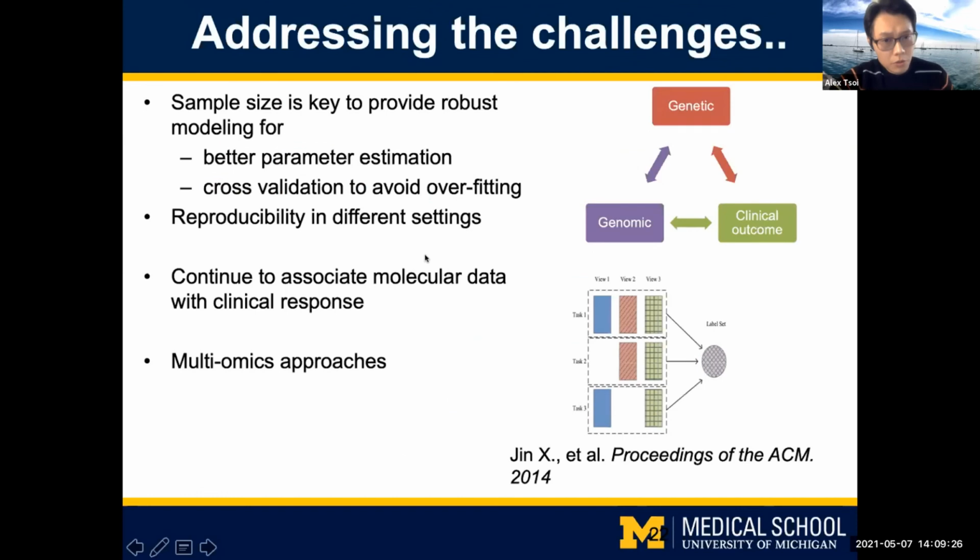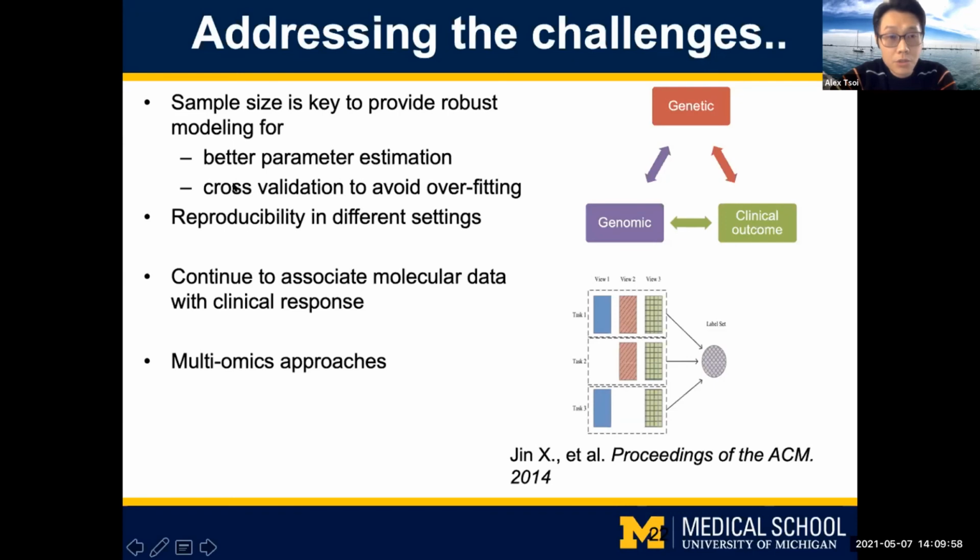So I do want to say what the best ways are to address the challenges that I mentioned. Again, sample size is key, not only for better estimation of the parameters, for example in modeling the gene expression levels using genetic variations, where we show that with larger expression panels we are able to achieve better results or more robust estimations.